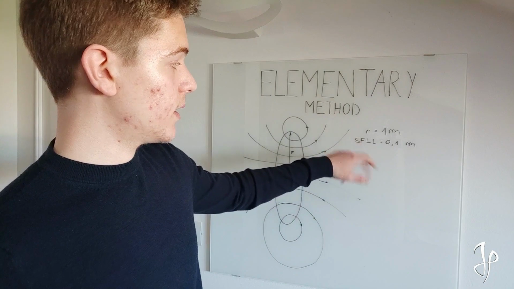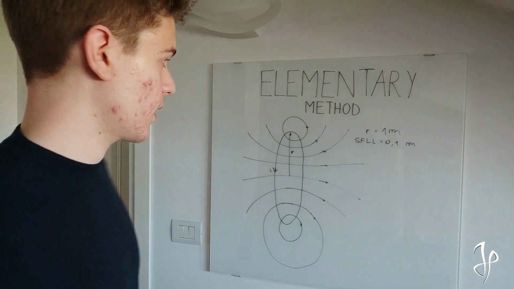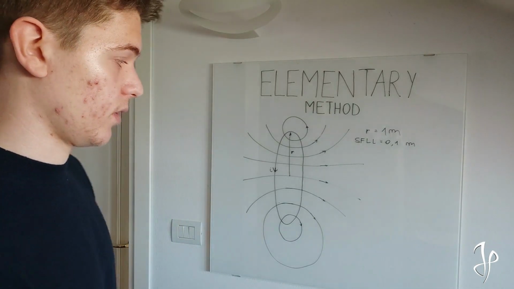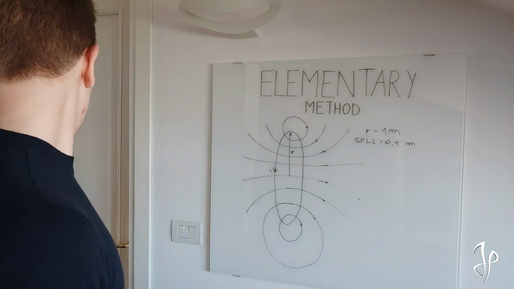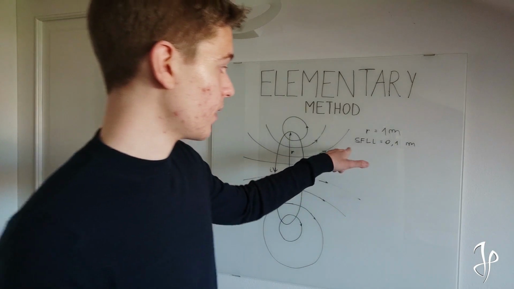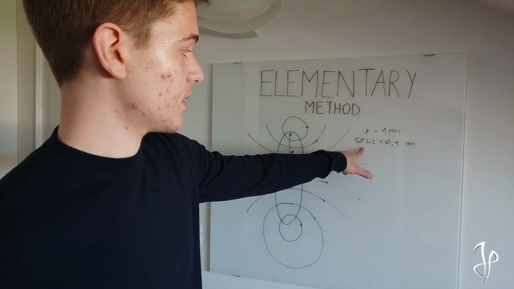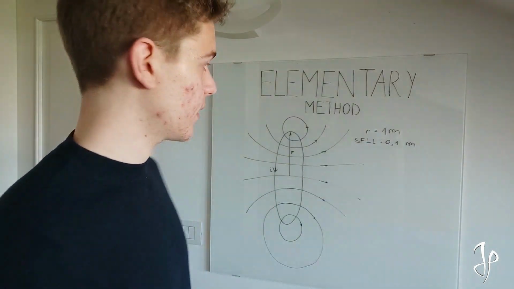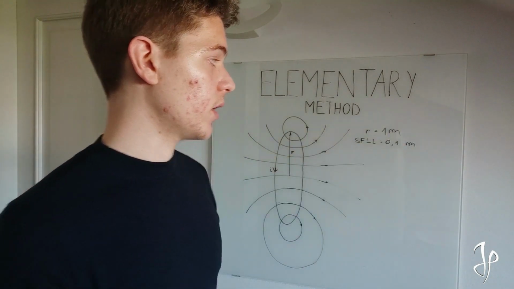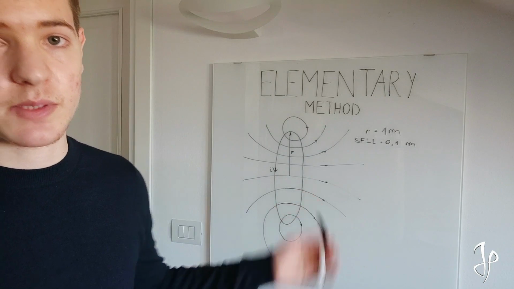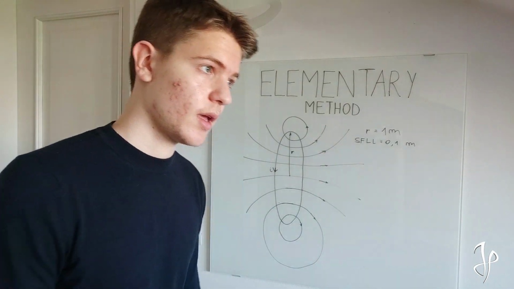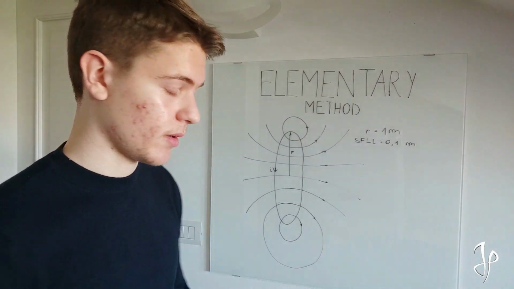And I defined these two parameters. The first parameter is just the radius of the wire, whereas the second one stands for the standard field line length, which is equal to, in this case, 10 centimeters, but don't mind these numbers, they are just an example.